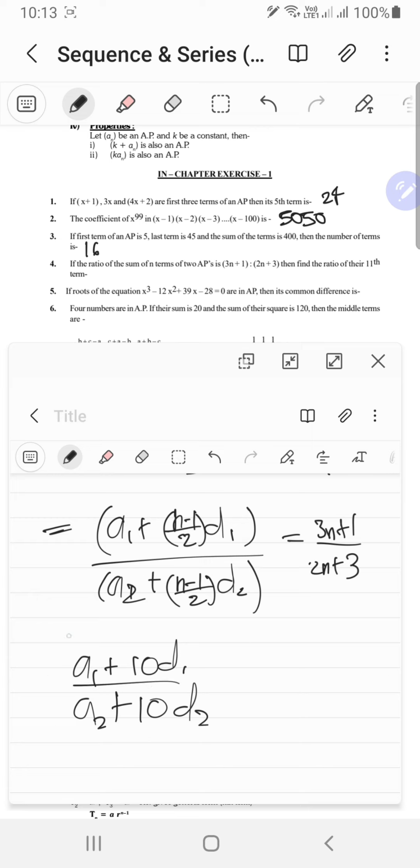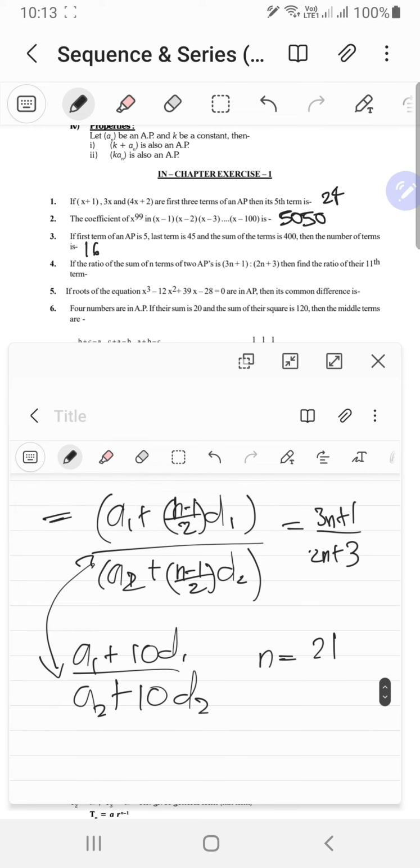It looks very similar to this thing, except that instead of having (n minus 1) upon 2, you just have 10. What if we put (n minus 1) upon 2 as 10? Essentially you are putting n as 21.